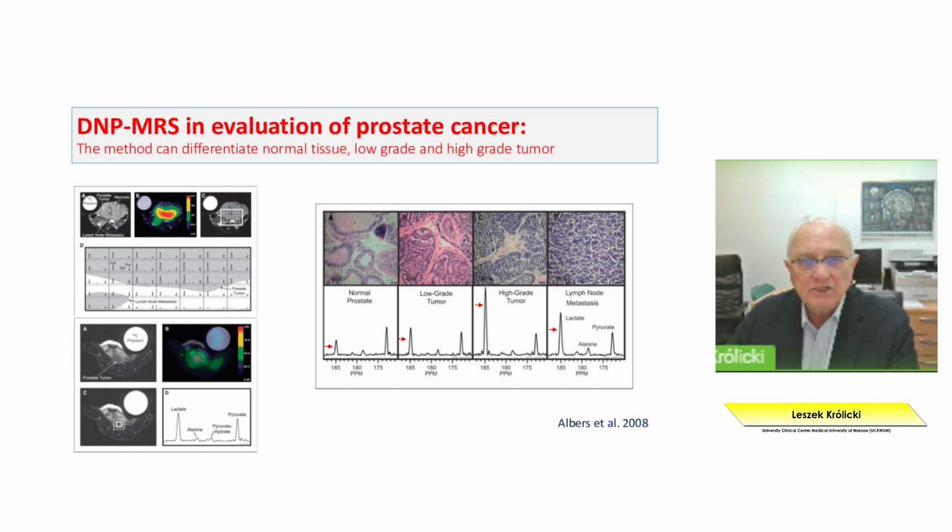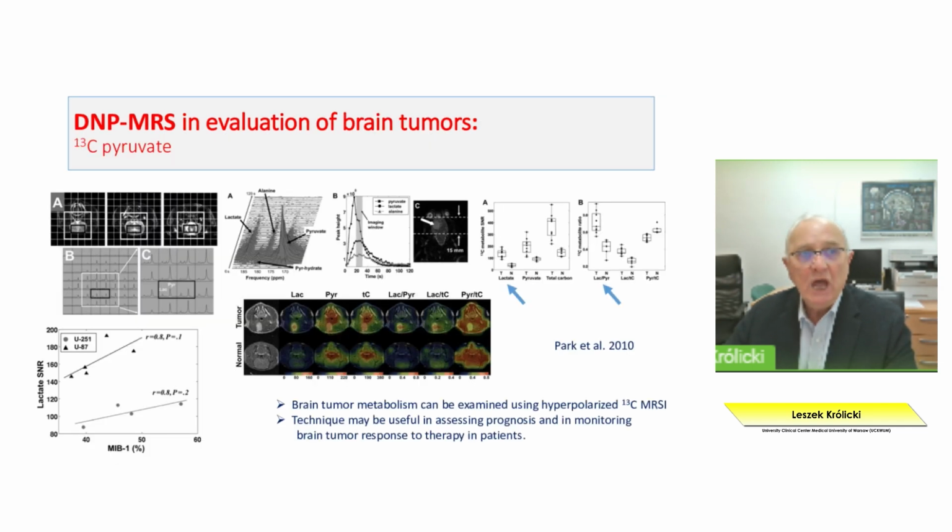So the peak for the lactates in the healthy prostate, at the initial stage of tumor development, and here you can see the malignant lesion. The level of advancement, the level of progression of disease can be assessed using this method.